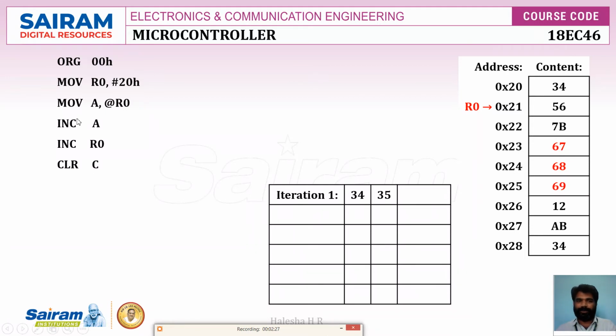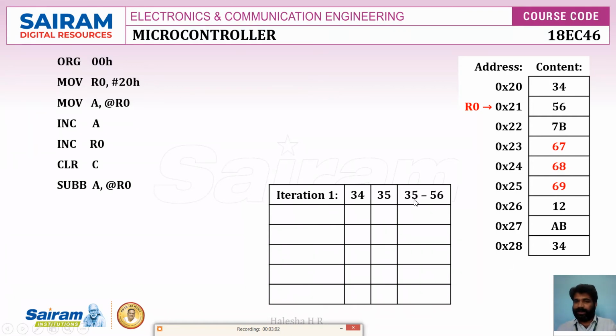We are supposed to subtract the number pointed to by R0 from A, so we use the instruction SUBB A, @R0, which subtracts the content of the location pointed to by R0 from A. That means A, having the incremented value 35, minus 56. So it performs 35 minus 56.